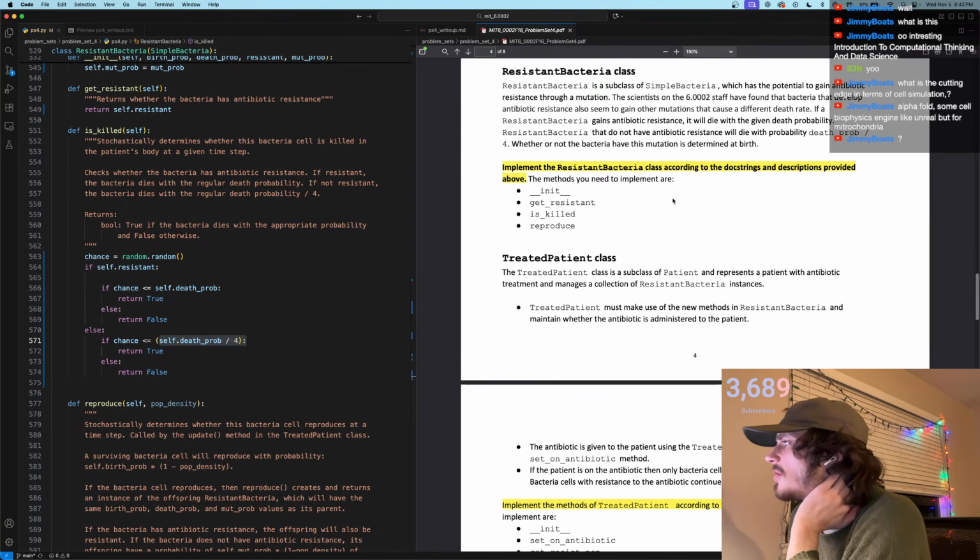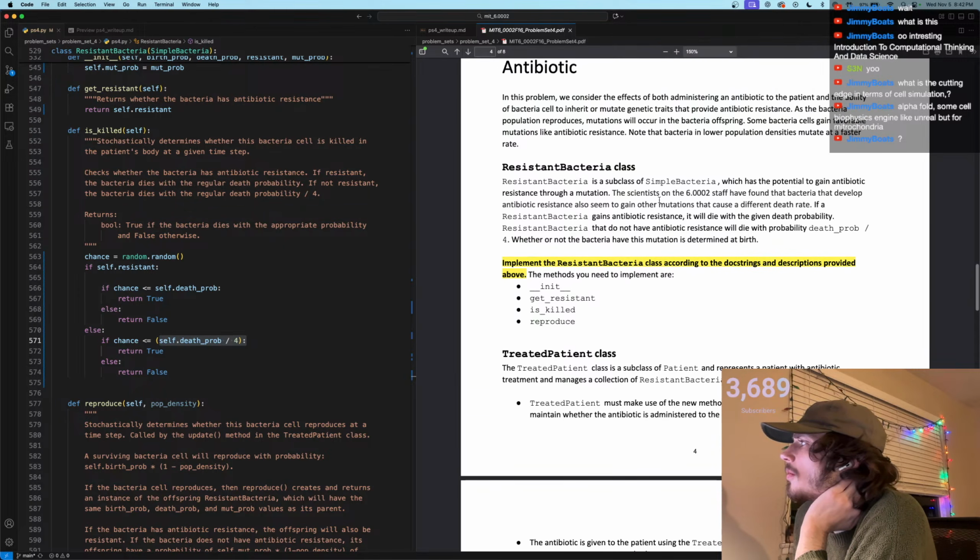Hold on, I thought I read something where it said some bacteria in lower population densities mutate at a faster rate.